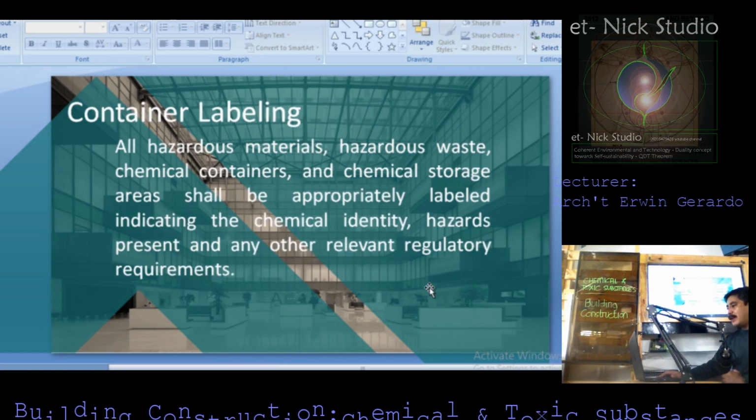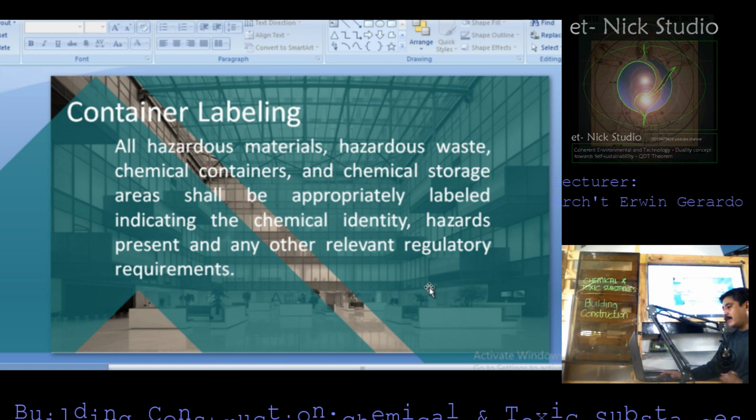Container labeling: all hazardous materials, hazardous waste, chemical containers, and chemical storage areas shall be appropriately labeled, indicating the chemical identity, hazards present, and any other relevant regulatory requirements.